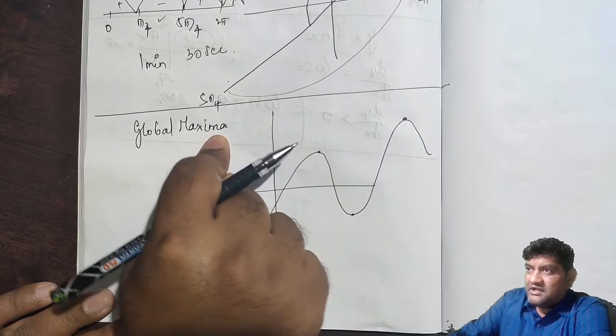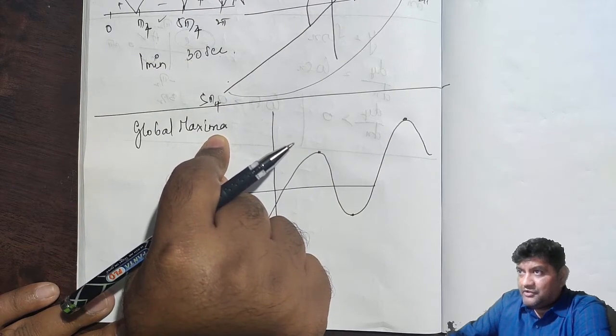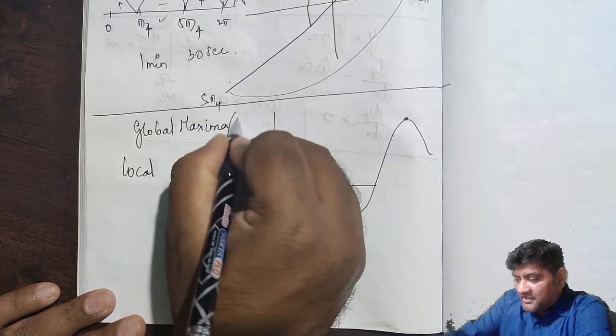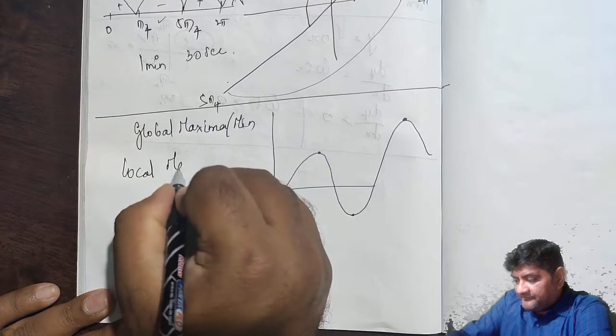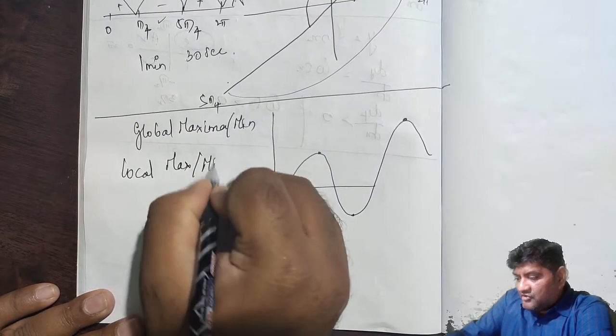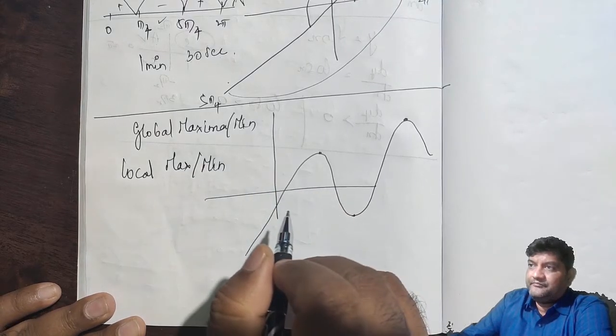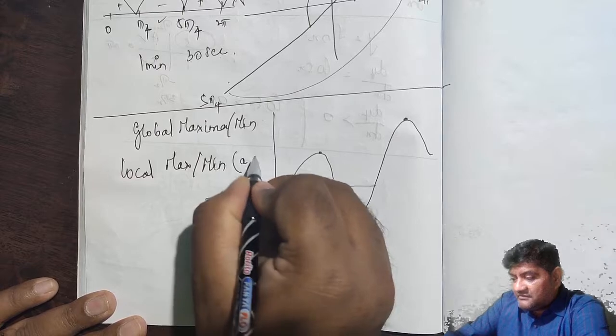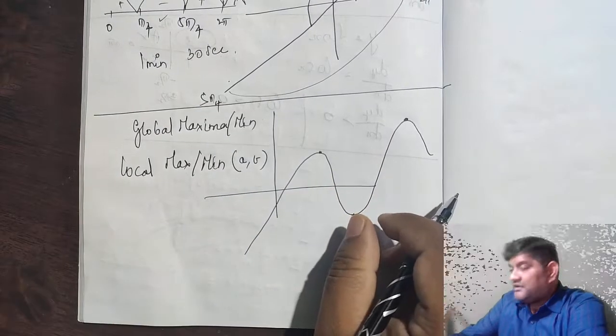For a global maxima, there will not be an interval given to you, but for a local maxima or minima, there will be an interval given to you. And the interval given to you will be an open interval.